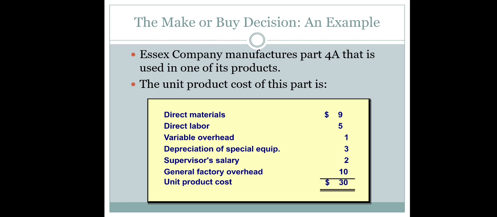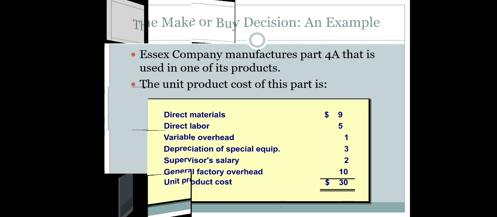General factory overhead is, most of the time, an irrelevant cost, because if the company stops producing part 4A, maybe it still has to pay the general factory overhead. So maybe the general factory overhead is not a relevant cost. You have to understand these costs.